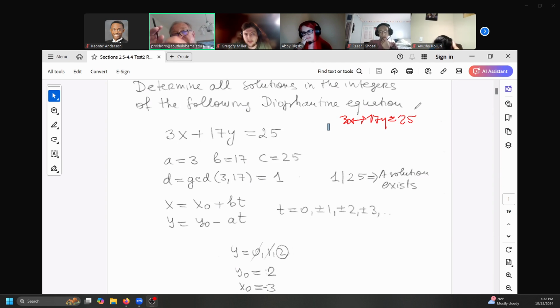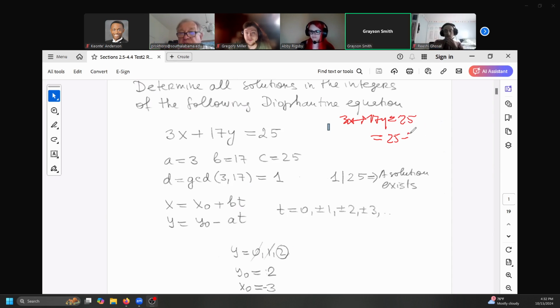We move the term with the largest number. We have 3 and 17, so on the right-hand side we write 25 minus 17y, and still 3x on the left-hand side. Now we can see the left-hand side is a multiple of 3, so it is divisible by 3. So we expect this expression to also be divisible by 3.